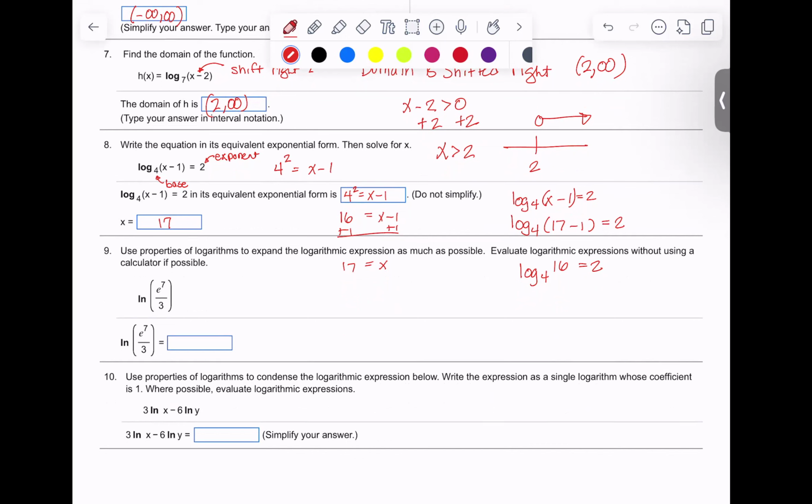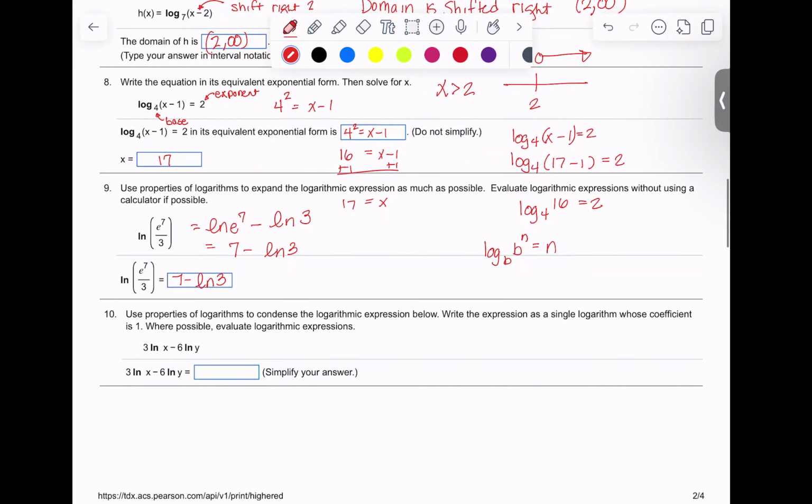So you're going to take the log of the numerator and you're going to subtract the log of the denominator. And the natural log of e to the 7th is 7. The log of any base b to the n is equal to n. So the natural log of e to the 7th is 7 minus the natural log of 3. And it doesn't ask for a decimal approximation, so I'm going to type that into the answer field.